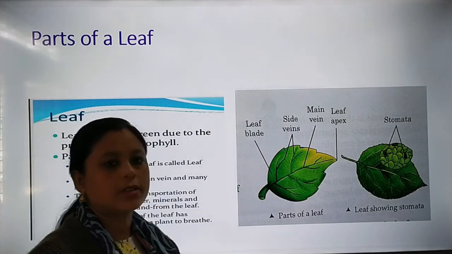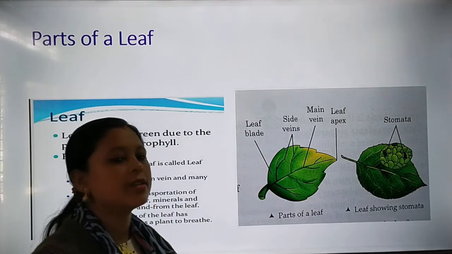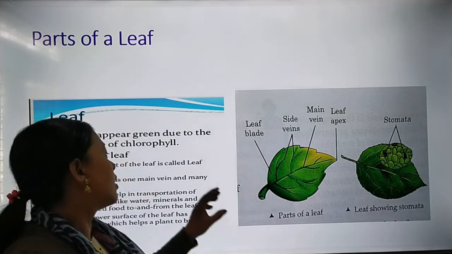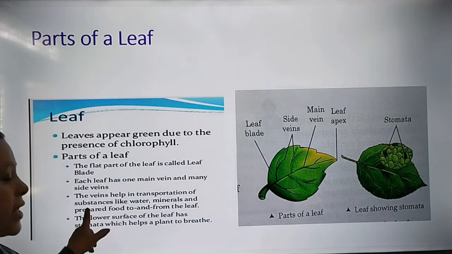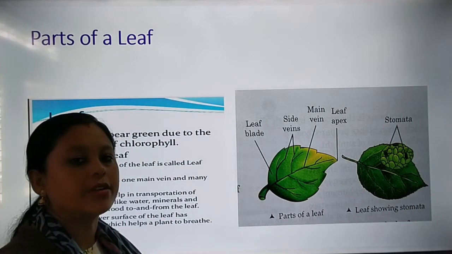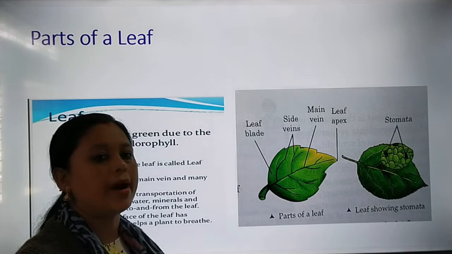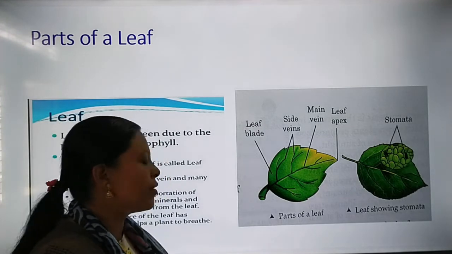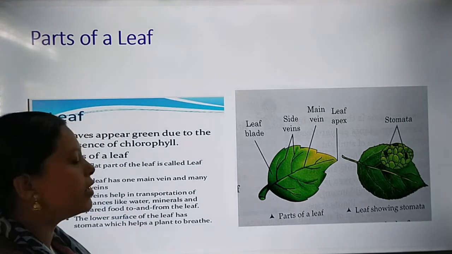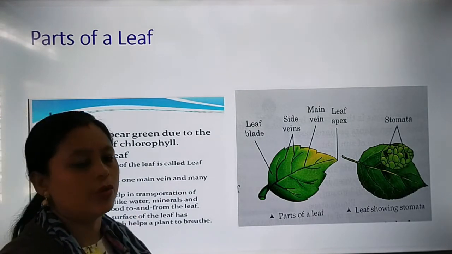Now what is the function of side veins and main vein? They help in transporting substances like water, minerals and food items which are prepared by the leaf. We will study afterwards how the leaf prepares its own food.